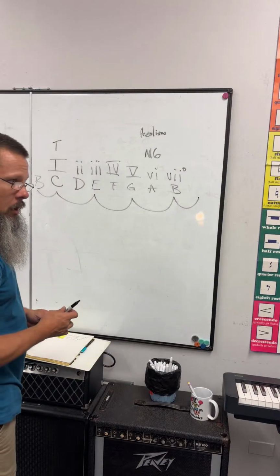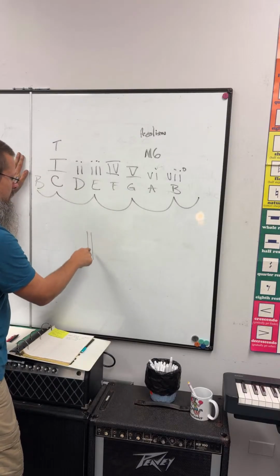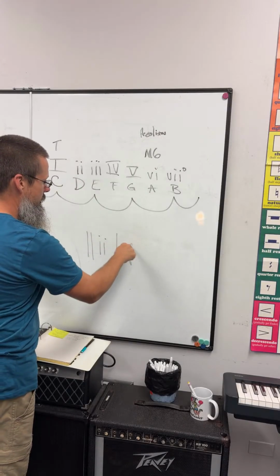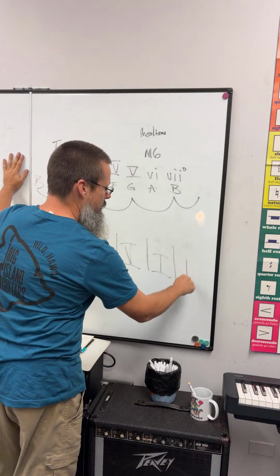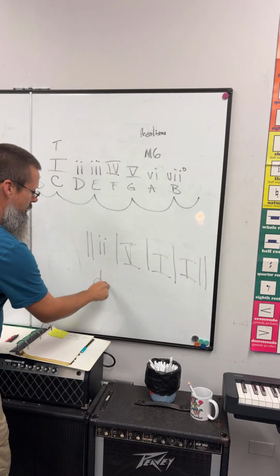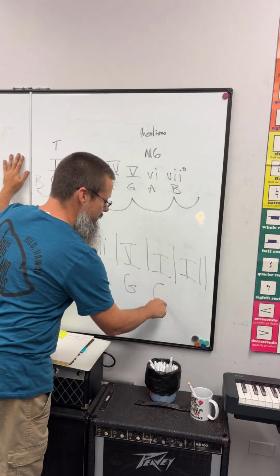So what's a progression? In the key of C, if we wanted to, we could do a 2, a 5, and then a 1 chord. Simply, when we're doing this, we're playing D minor, G major, C major.